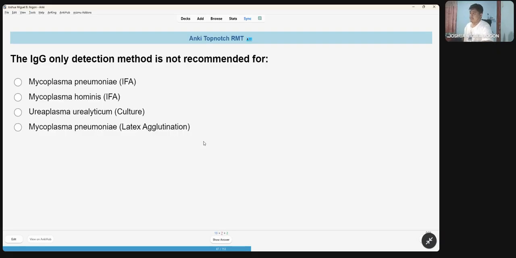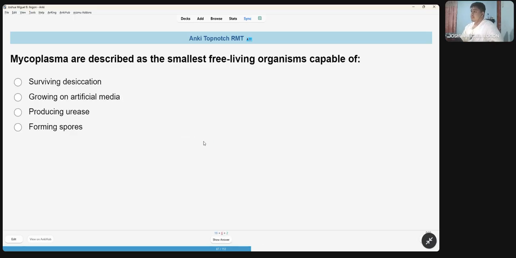Mycoplasma hominis not recommended. IFA for Mycoplasma pneumoniae still good. Ureaplasma urealyticum culture still good. Mycoplasma pneumoniae, latex agglutination still good. Alright. Free living organisms capable.